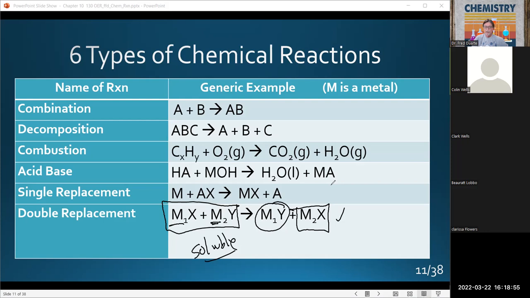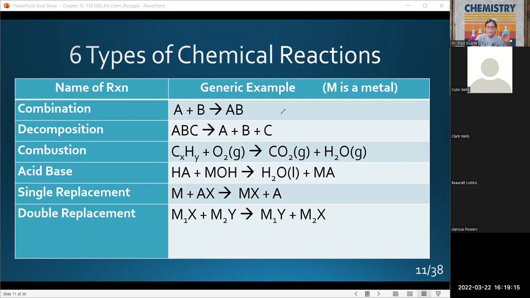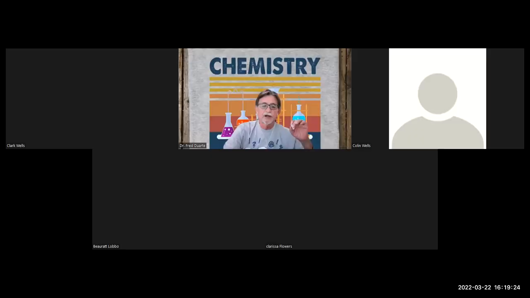For combustion, we balance carbon, hydrogen, and oxygen in that order. And the acid base follows the proton and the hydroxide. Anyway, I'll talk about some specific examples and how to balance them and make these work. All right, so let's stop it here.